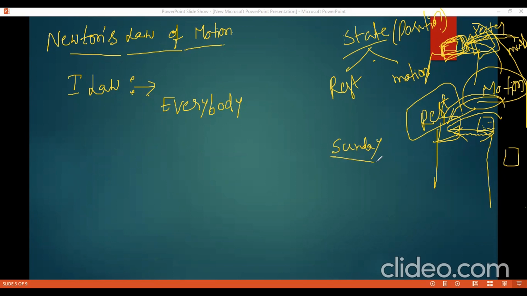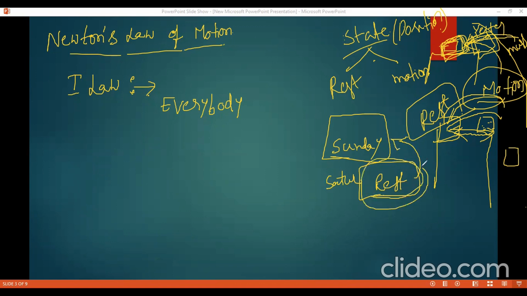You are not moving for any work easily, right? Because at night you are sleeping, so you will be at rest. Saturday night you are at rest. Again, Sunday morning also, you try to be in the same position, right?